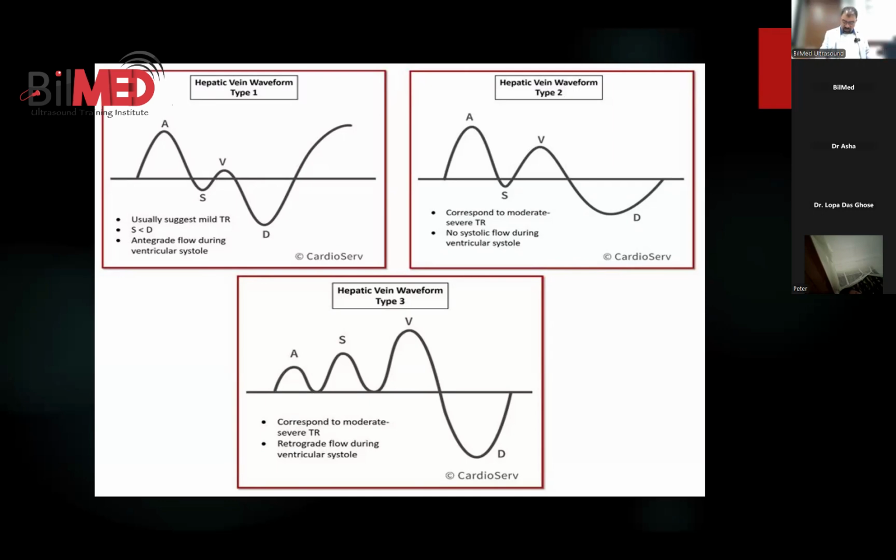Next question is how I can differentiate an artery from a vein. Very simple. The vein will have a venous type of flow and the artery will have an arterial flow. But don't confuse with colors. Artery will not always have a red color and vein will not always have a blue color.